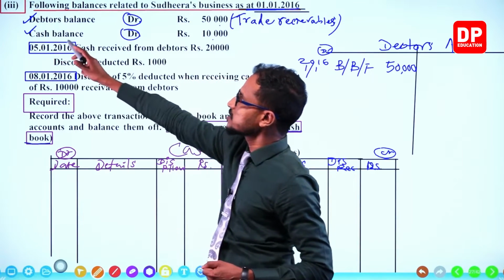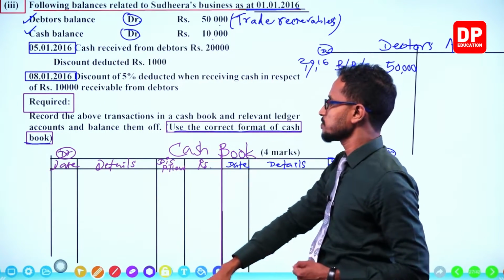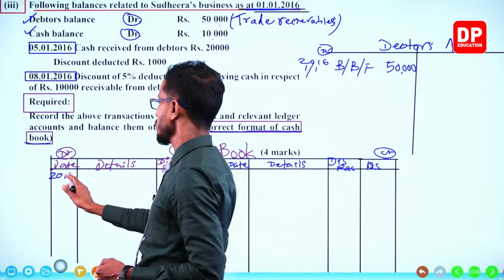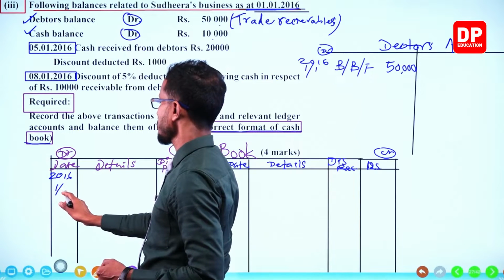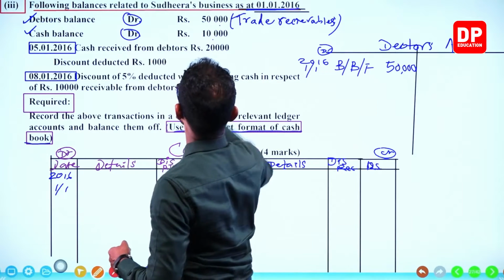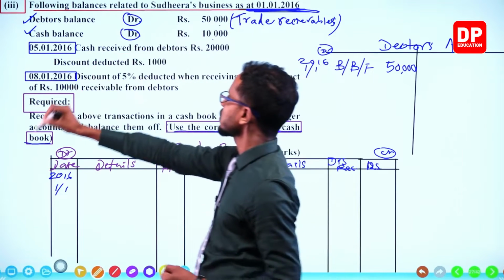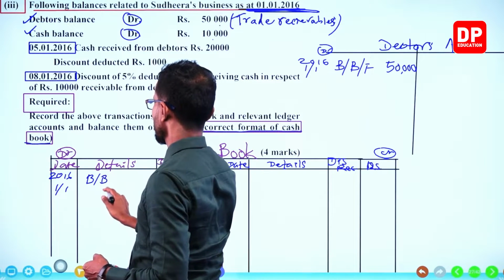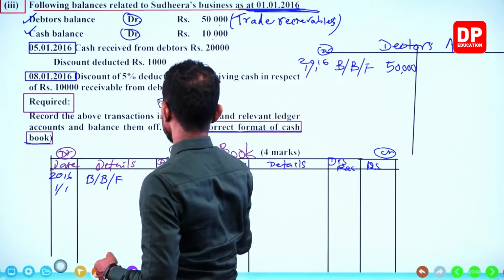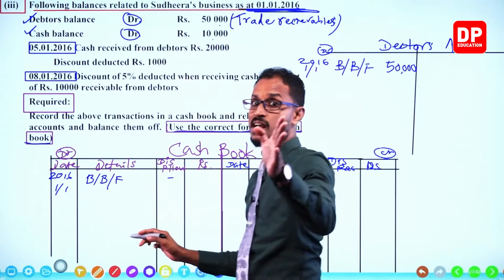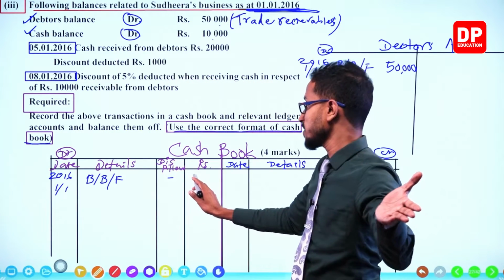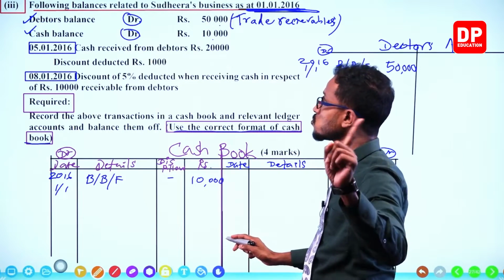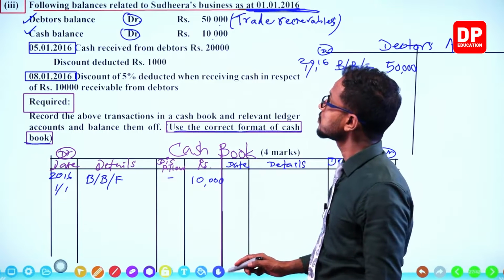Then take the cash balance, debit 10,000, debit side, 1st January, balance brought forward. Not in the discounts allowed column. Record the balance in the cash column, 10,000. Okay. This is also done.